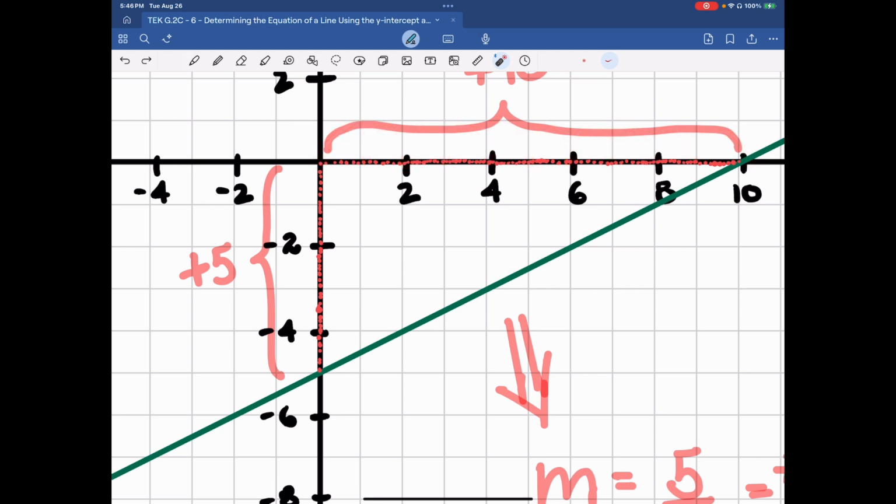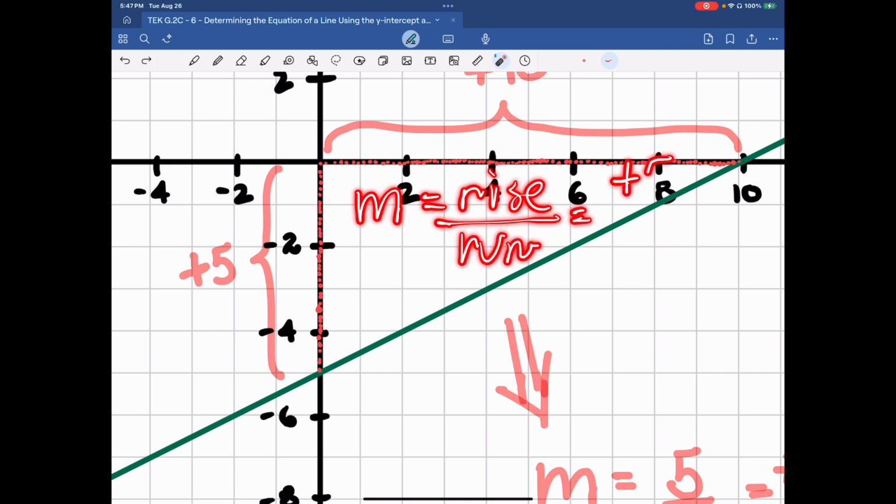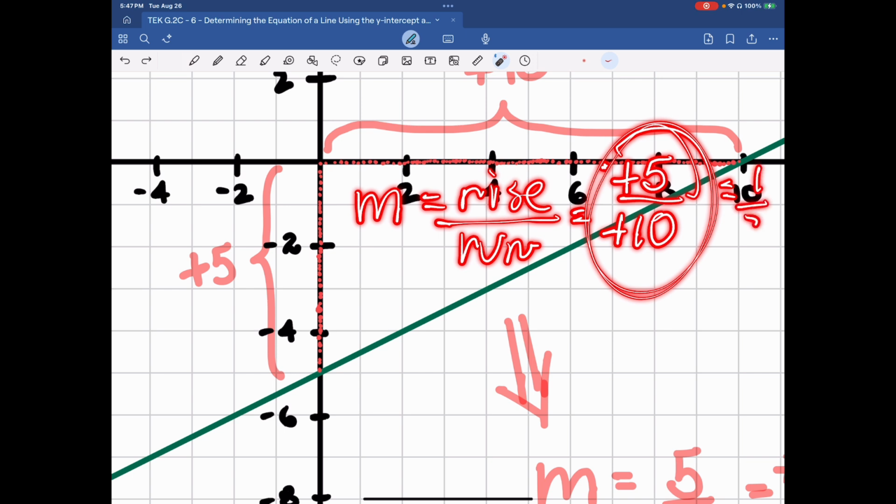My run is a positive 10. So my slope is rise over run, which is positive 5 over positive 10. Now, looking at this fraction, can you reduce 5 over 10? It would be 1 over 2, right?